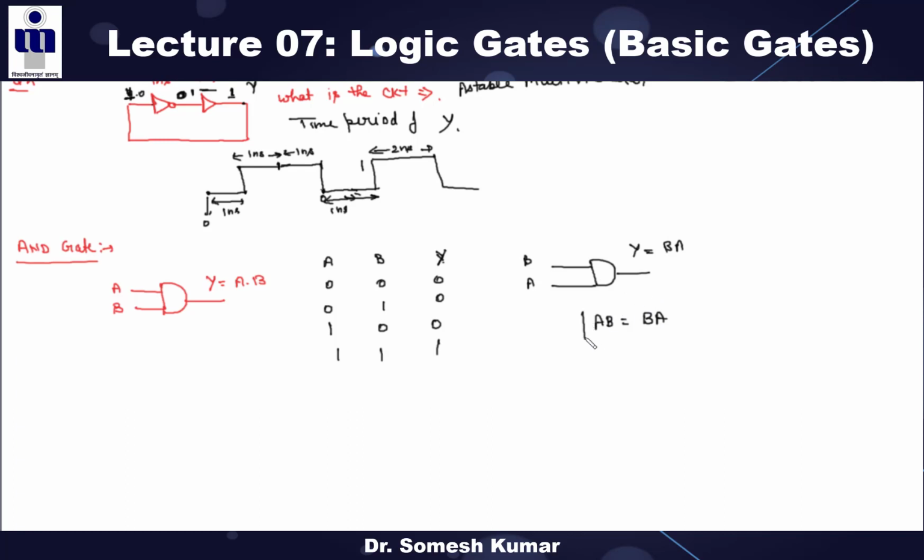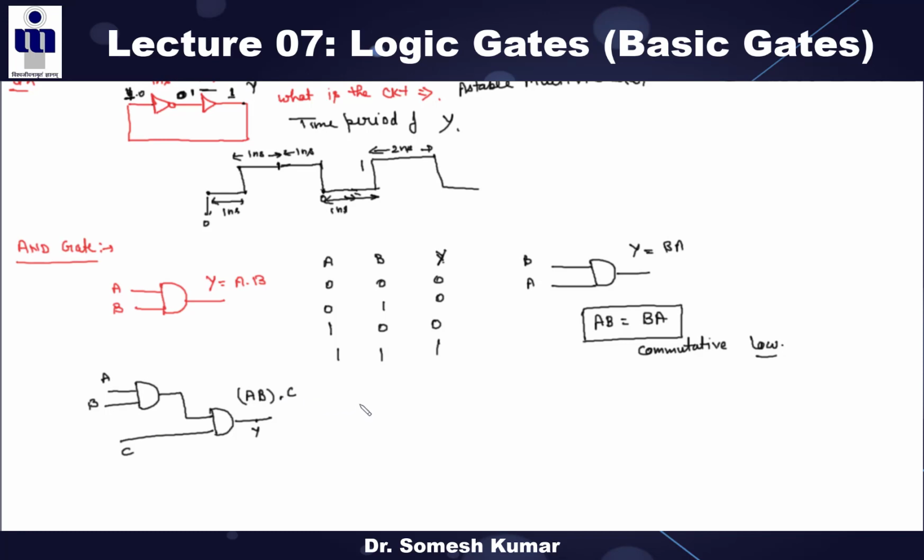So what is this law? This is called the commutative law, right? And similarly, if this is AB and this output is given to the next AND gate, this is C. What is this Y?